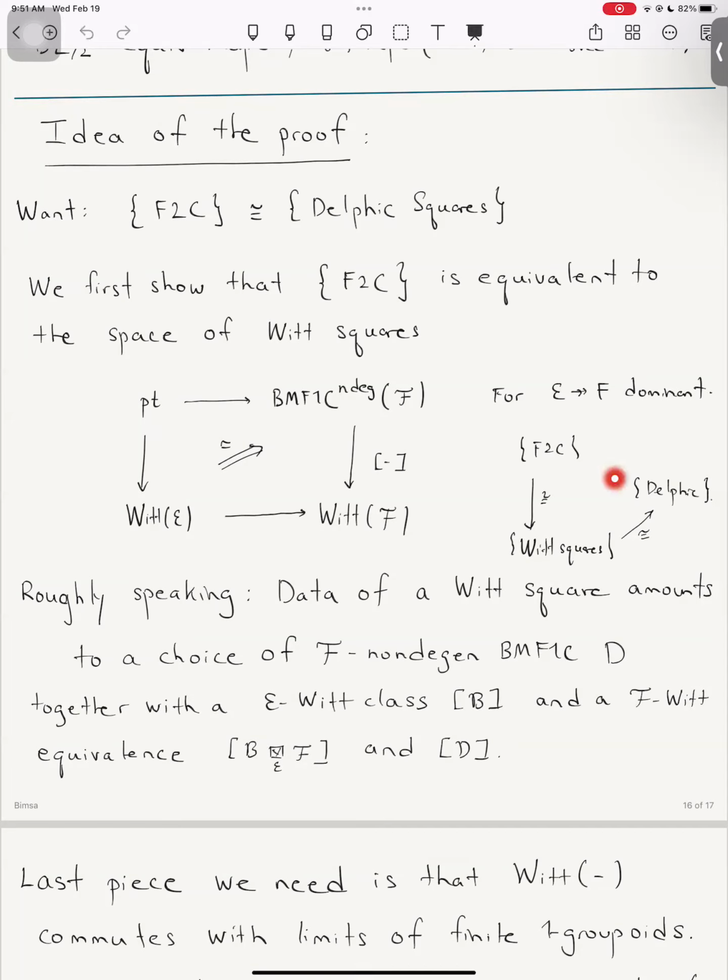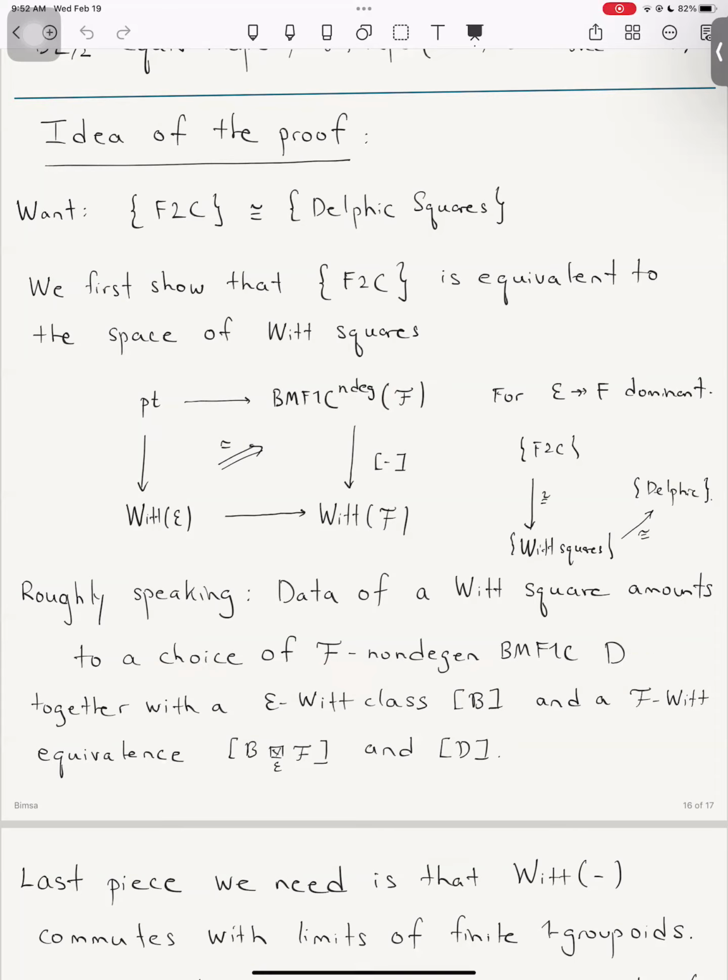To get this equivalence, we show that there's an equivalence here first. So let me unpack the first downward arrow of the equivalence. Roughly speaking, the data of this width square amounts to the following. You choose an F non-degenerate braided fusion 1 category D. Before I just said F was super vector spaces, but to be even more general, we could just say it's some sort of super thing if you like.